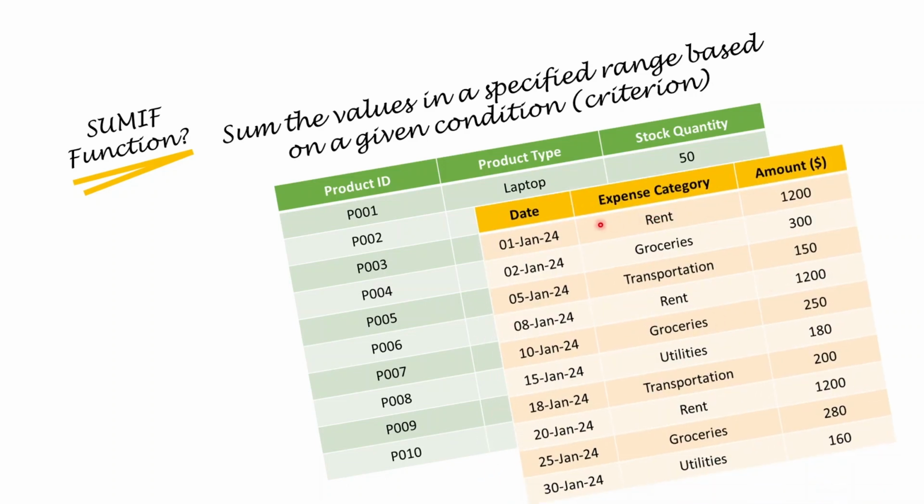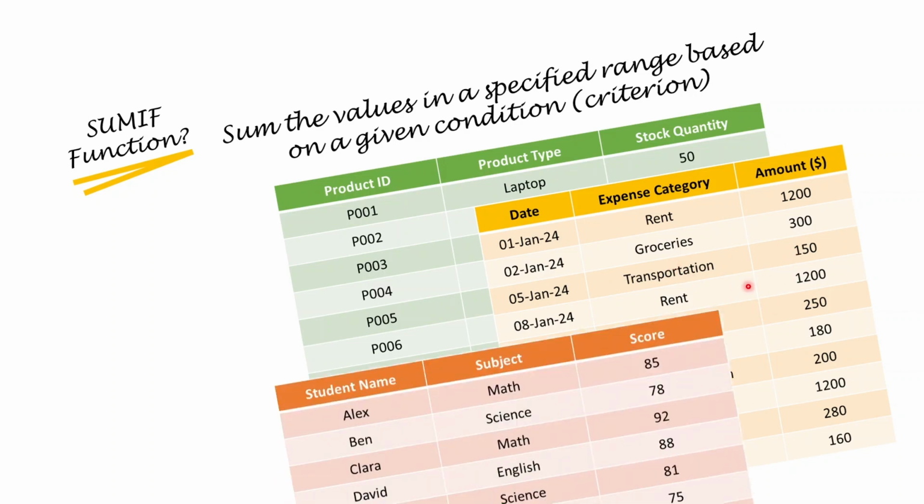Similarly, I have different expenses mentioned over here in my table, which I have noted down. So my rent is $1,200, then groceries are $250. Then I made a payment of rent on 20th January, which was for $1,200. So I want to calculate all the rents, all the groceries, or the transportation. I can do that.